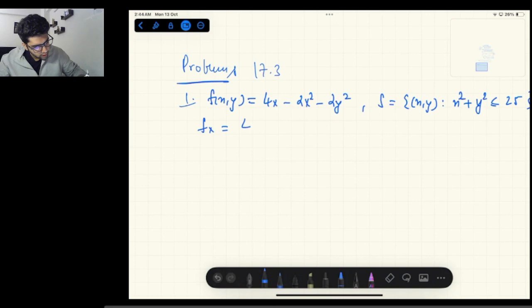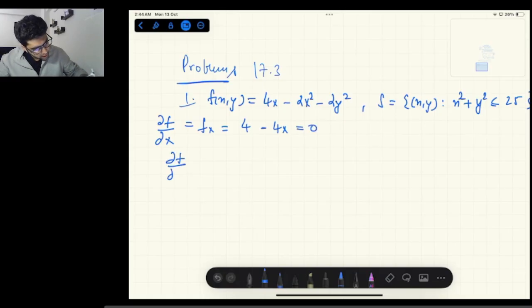So let's just find the stationary point. For finding the stationary point, we find the partial derivatives of the function. So this is ∂f/∂x equated to 0 and ∂f/∂y equated to 0, right? So 4 - 4x = 0.